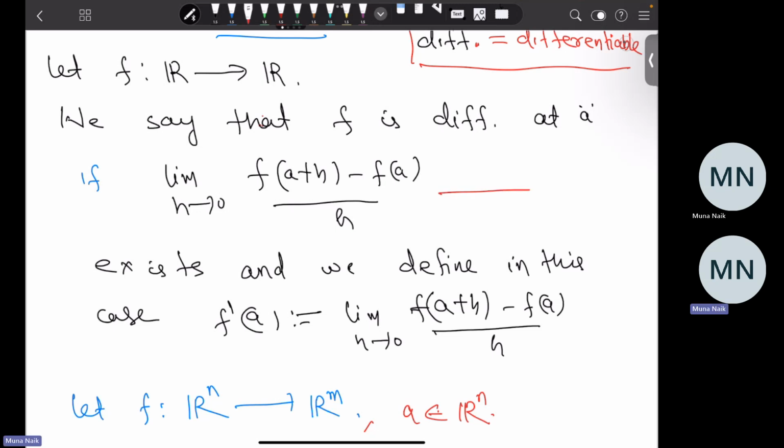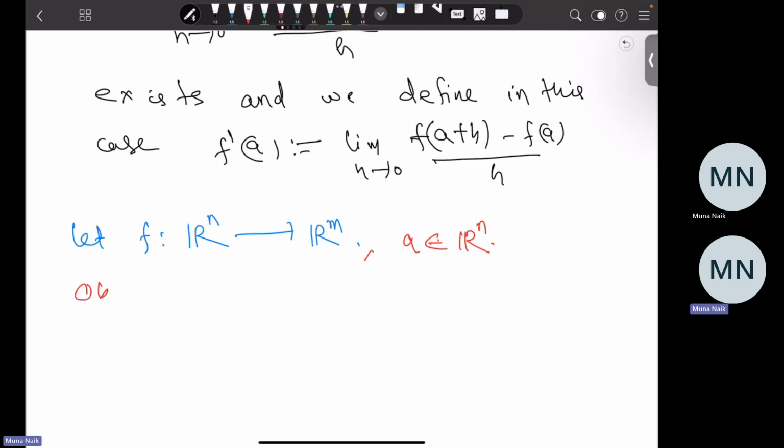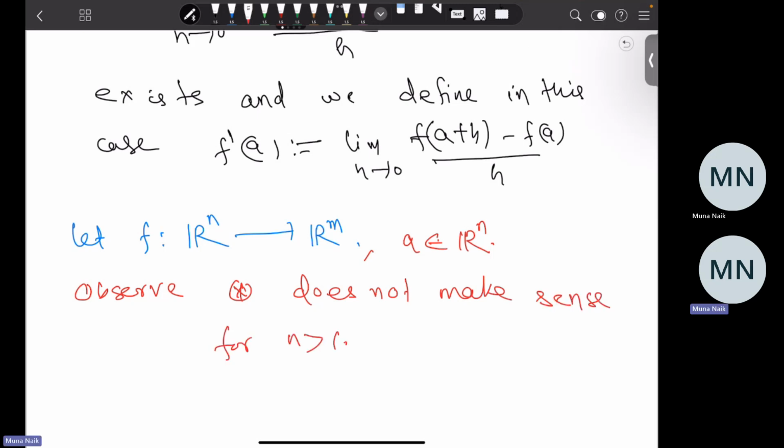Why? Because if you look at this star, this star doesn't make sense for n greater than 1, for functions from Rn to Rm, because in higher dimensions there is no notion of division.